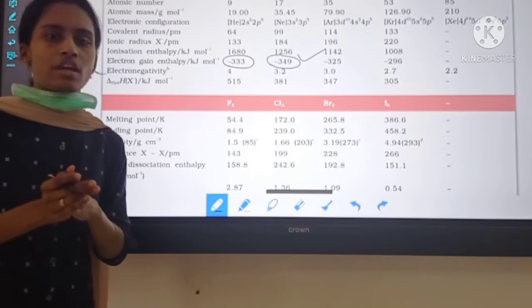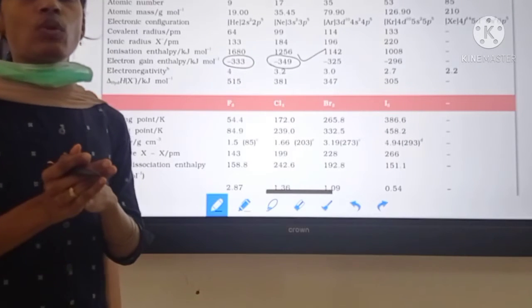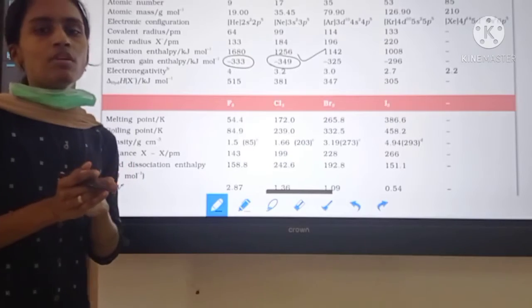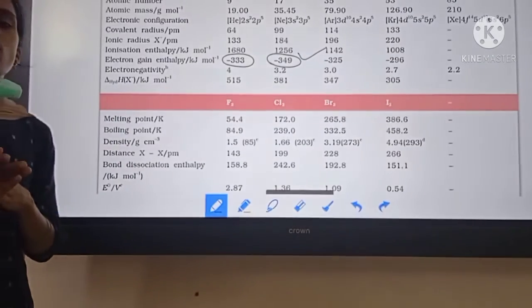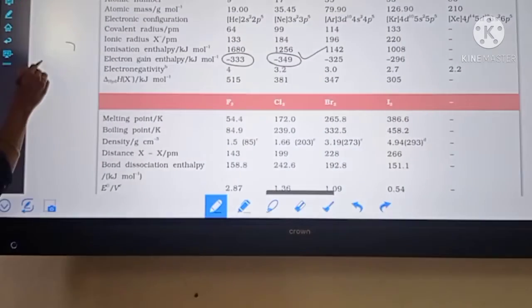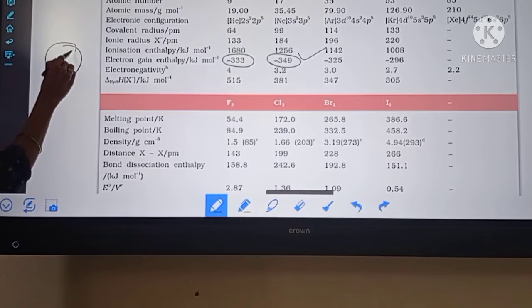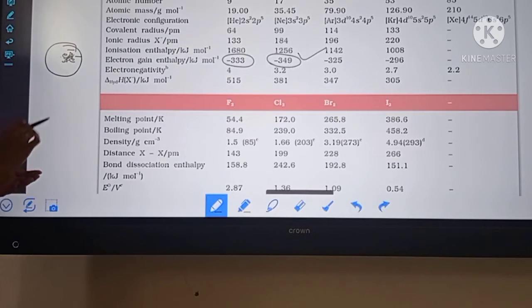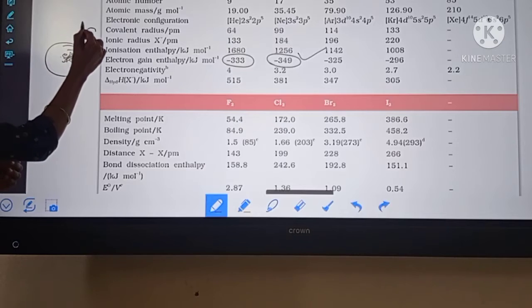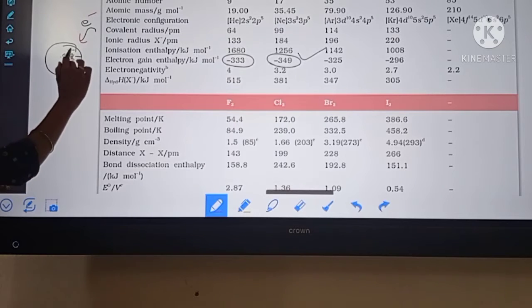Due to its small size, there are inter-electronic repulsions. Fluorine is small, so the electrons already present have some repulsions. If you add one more electron, there is repulsion between these electrons and the incoming electron.